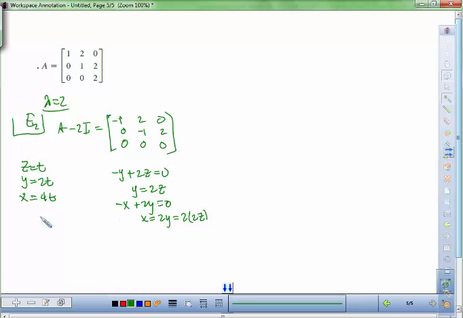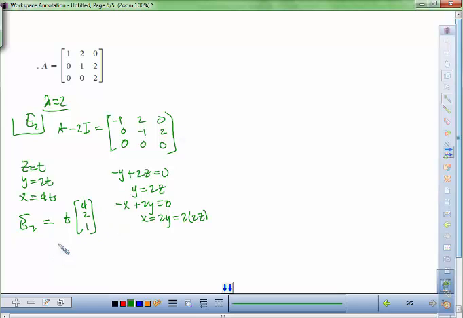And so your null space is going to be t times 4, 2, 1. Is that right? Yeah, we're solving for this as if it was equal to 0, so we're finding the null space. And so E2 is going to be equal to the span of this thing.